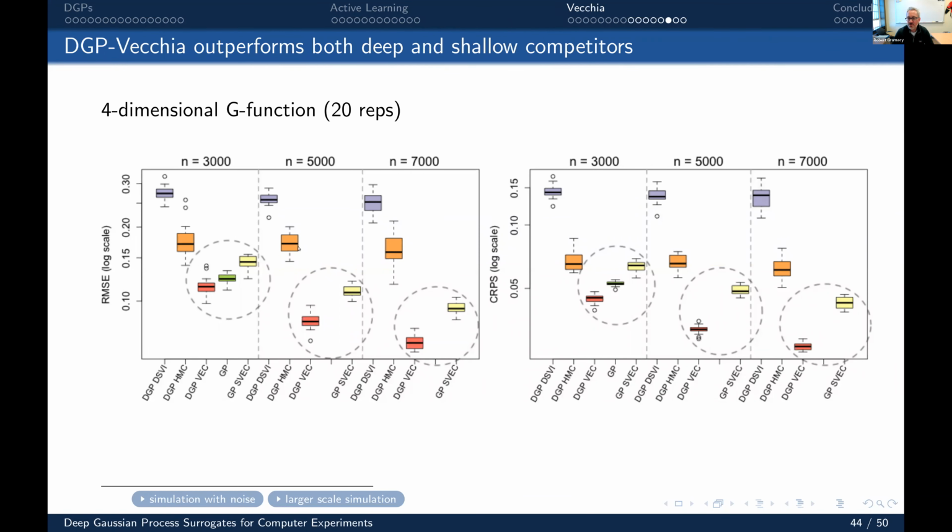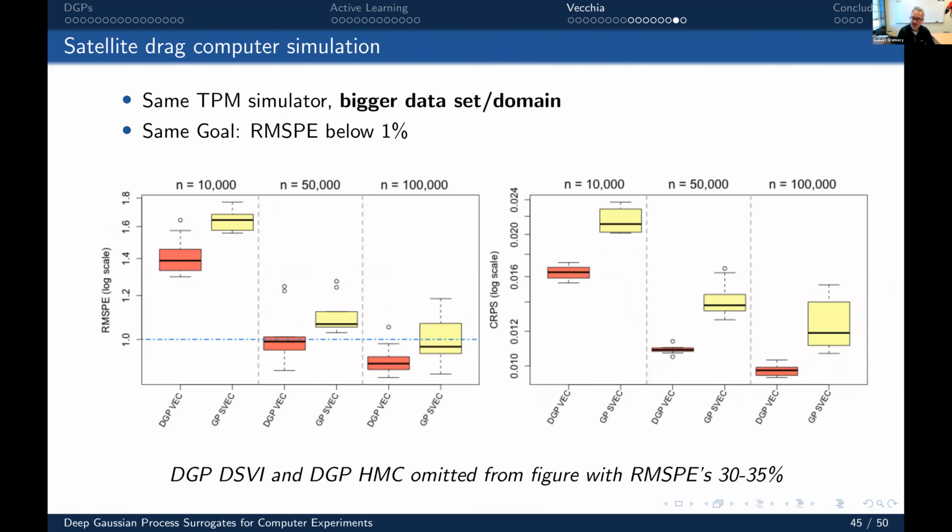I don't really know the reason why they're not as good, but I think it's that they're using inducing points, and so they lack fidelity. They can handle the big training data, but the big training data are not enough to extract the richness of the input-output relationship that we're trying to model. We did this on the satellite drag data with much larger training data sets.